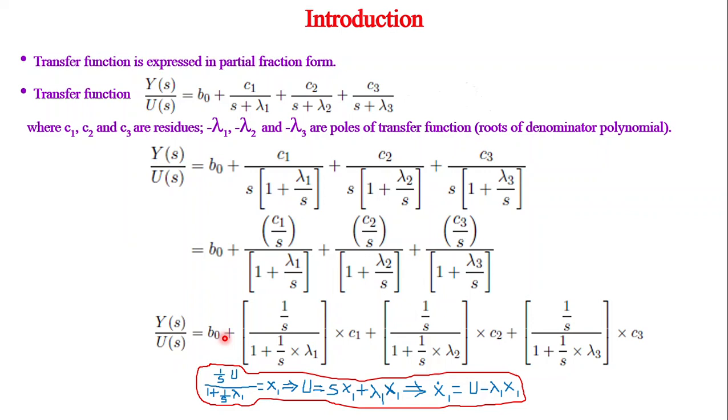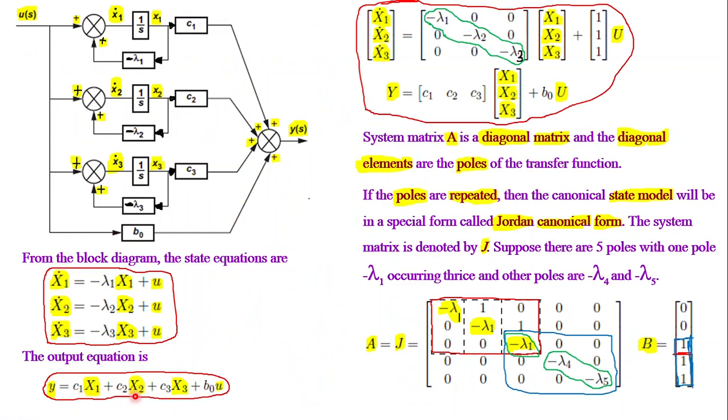Since here you have u, so b naught u. So b naught u plus this into u, that is x1, c1 x1. This into u is x2, c2 x2. This into u is x3, so c3 x3. So we will get y is equal to c1 x1 plus c2 x2 plus c3 x3 plus b naught u.